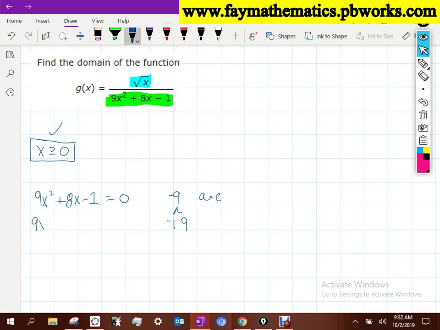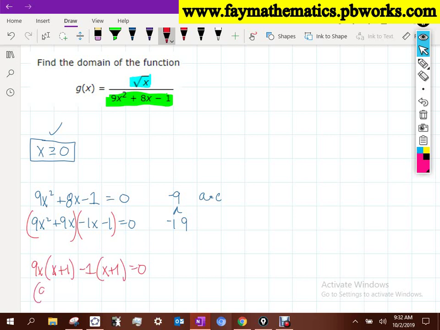So I'm going to rewrite this as 9x squared plus 9x minus 1x minus 1 equals 0. I'll group the first two, group the back two. What's going to come out of the first two? 9x. Leaves me with x plus 1. What comes out of the back two? Negative 1. Leaves me with x plus 1. So it's going to mean 9x minus 1 and x plus 1.